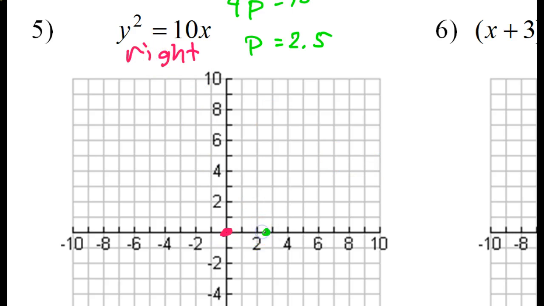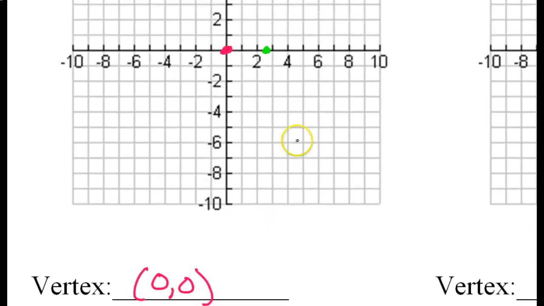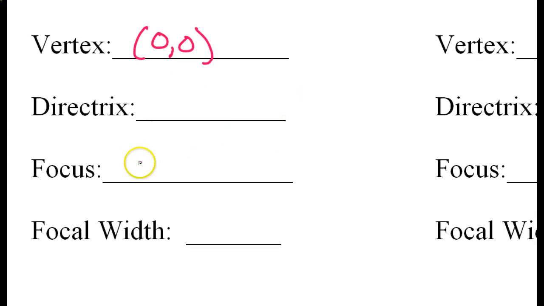That means the focus is 2.5, 0. Okay, now the directrix should be in the opposite direction.